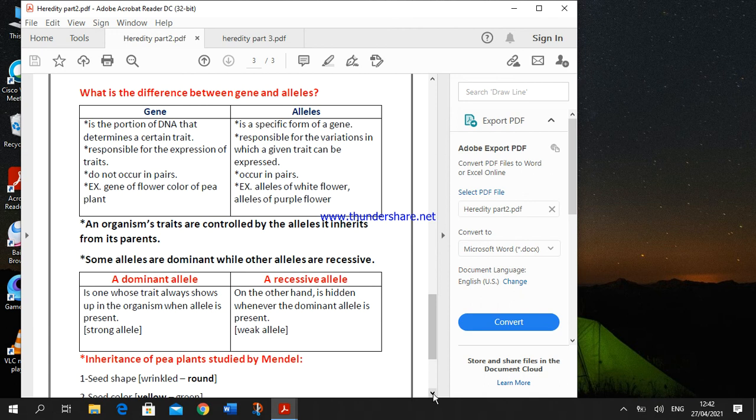In the case of tallness and shortness in pea plants, the dominant allele is tallness, expressed by capital T, while the recessive allele is the shortness trait, responsible for the appearance of shortness, and expressed by small t.